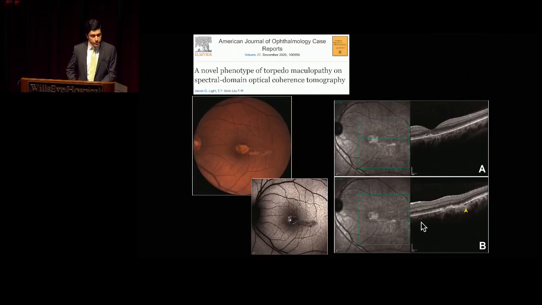And our very own Dr. Light also mentioned that there may be more of a gray zone regarding these categorizations than we might expect. This is a patient who, when looking through the foveal part of the lesion, demonstrated a clear type 2 lesion with absence of the ellipsoid zone and interdigitation zone.